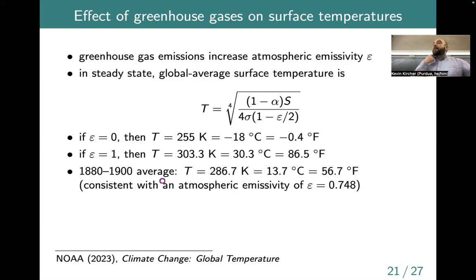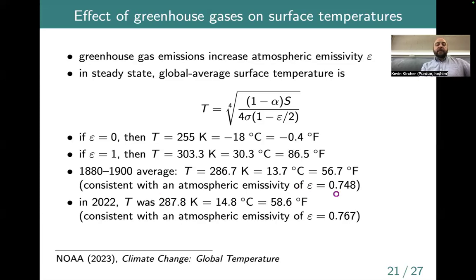Before people started emitting significant amounts of carbon dioxide to the atmosphere, the pre-industrial average temperature was about 13.7 degrees Celsius. And that corresponds to an atmospheric emissivity of about 0.75. And then if we look at where we were in 2022, we have risen about 1.3 degrees Celsius relative to pre-industrial times. And so that corresponds to a higher emissivity of about 0.77.